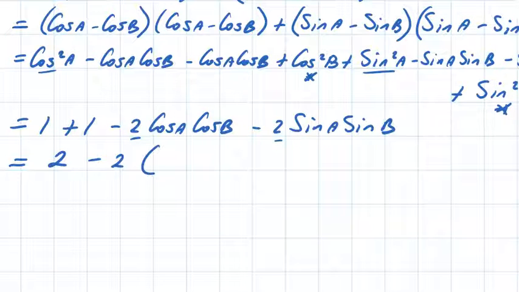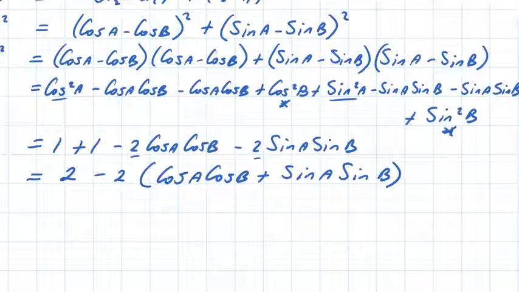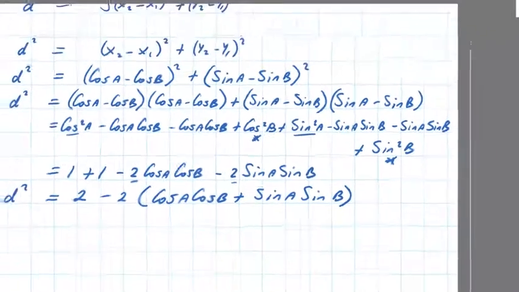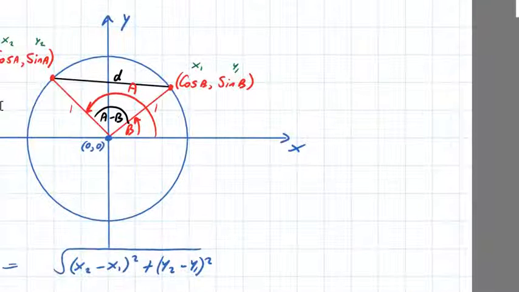So take out the 2 outside and you get cos A cos B. If you take out the minus, it's plus sine A sine B. And that's it. That's as far as we can go with d squared using the distance formula. So we've now got that distance squared.